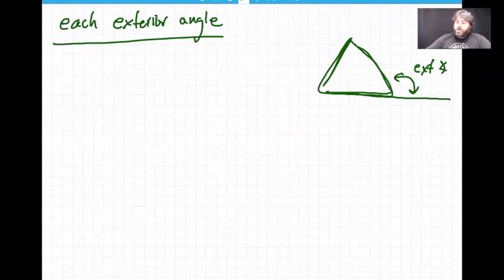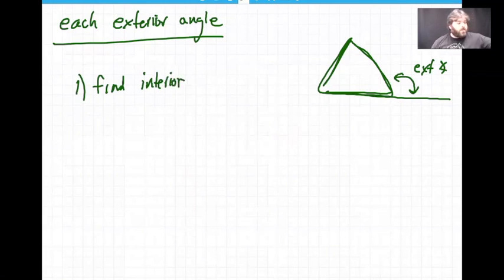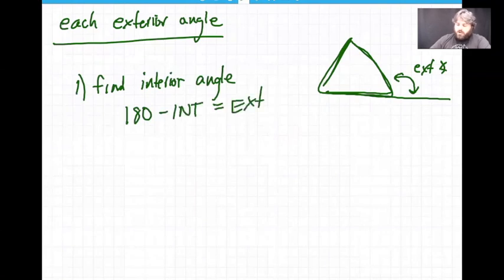But what we could do is this. We could find the interior angle. We could find the measure of one of the interior angles. And then once we found an interior angle, we could do 180 minus the interior angle. That would give us the exterior angle. So if we knew this was 60, we'd do 180 minus 60, that'd be 120. Okay, that's one way you could do it.